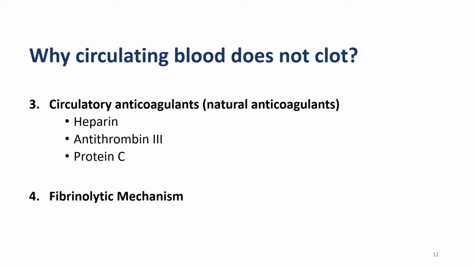Also, protein C inactivates factors V and VIII. The next point is that the fibrinolytic system also contributes to the fact that circulating blood does not clot within the body.